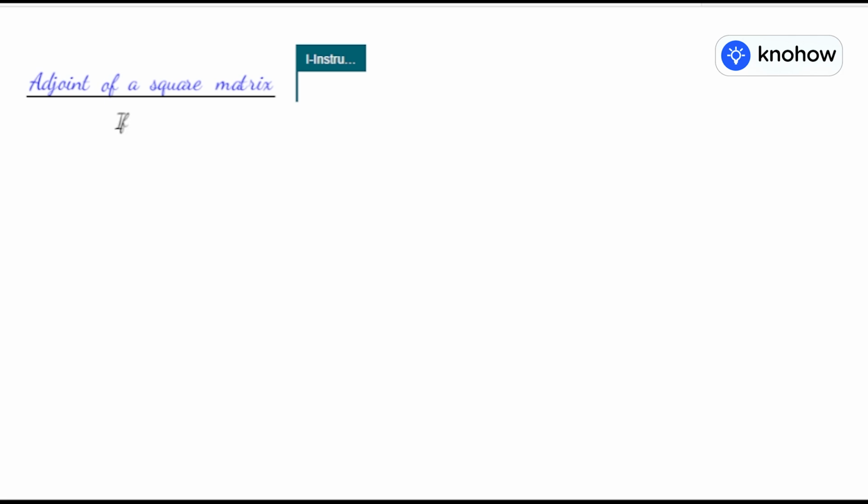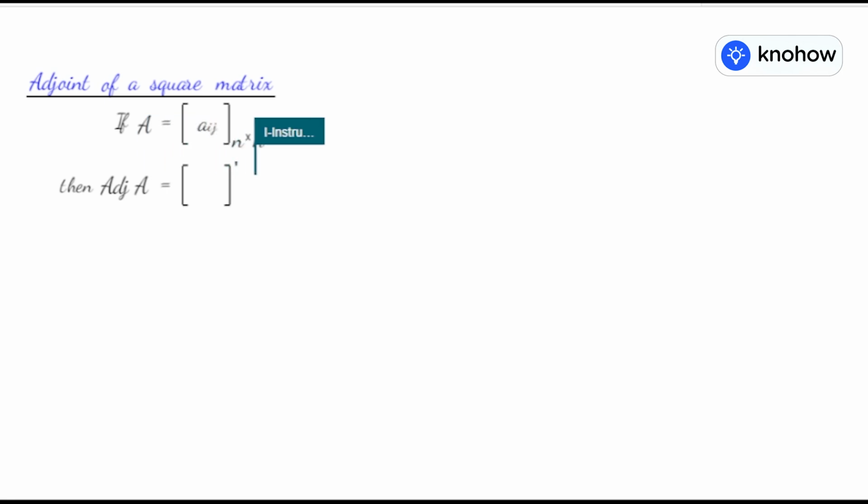Let's suppose given is a squared matrix A, Aij, of order n by n. Then how do you define adjoint A, denoted by the symbol Adj? Adjoint A is defined as the transpose of another squared matrix of the same order n by n, obtained by replacing each element Aij by the corresponding cofactor.